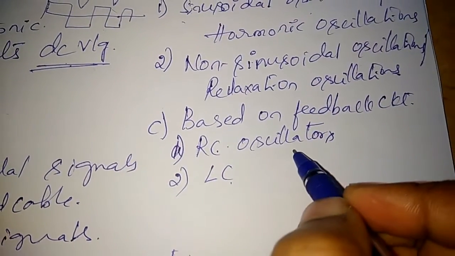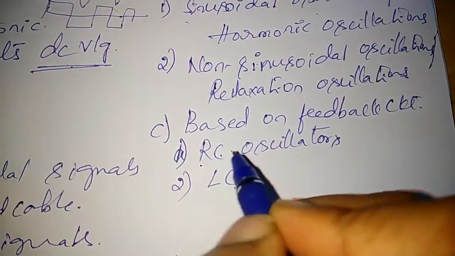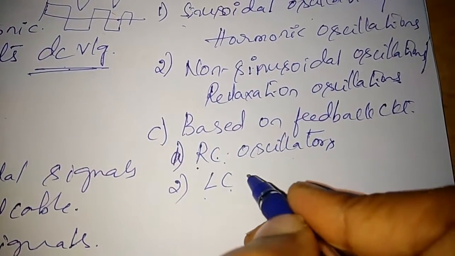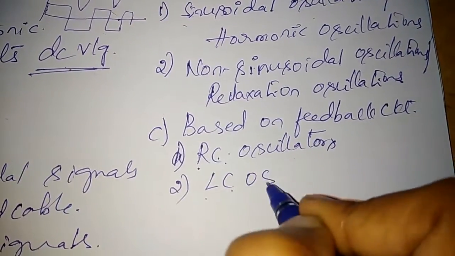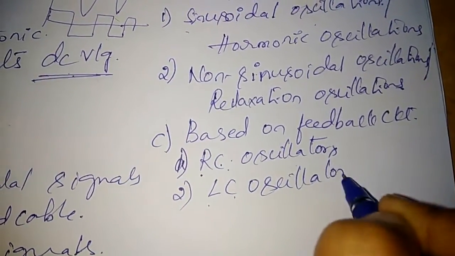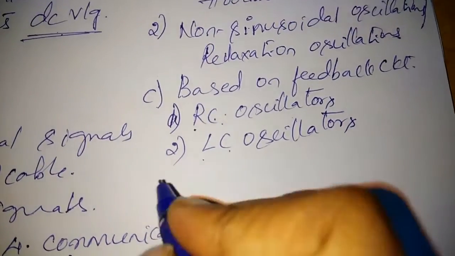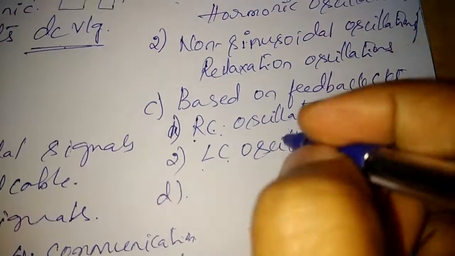If the feedback circuit is made up of only resistors and capacitors, it is categorized as RC oscillators. If it is made up of only inductors and capacitors, it is called LC oscillators. This is based on which type of feedback circuit is employed in the oscillator.